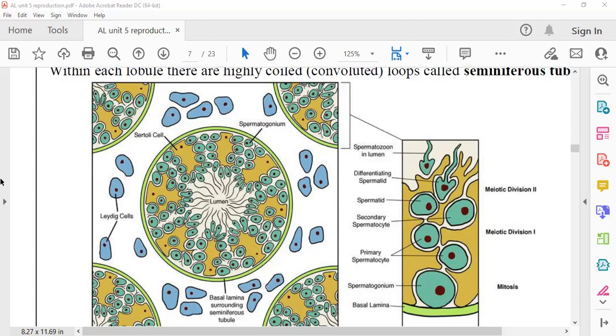Right. The basic types of cells in each seminiferous tubule are two. What are the two types of cells? Germinal epithelial cells and Sertoli cells.